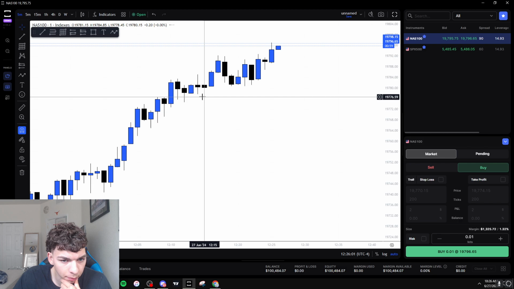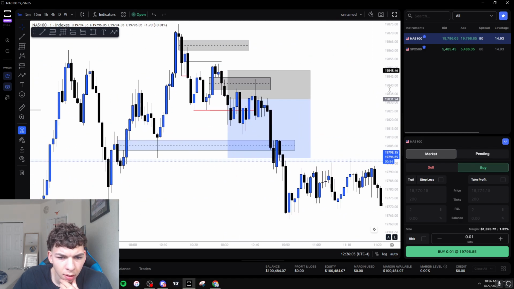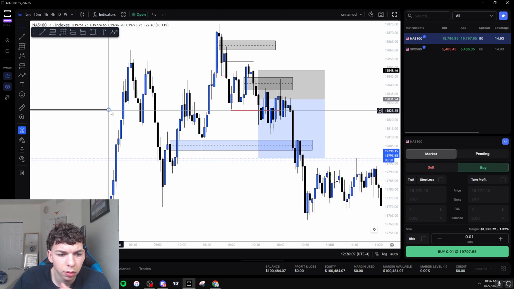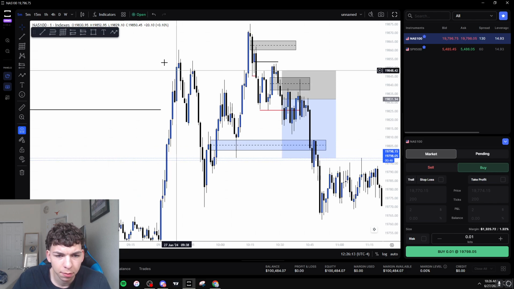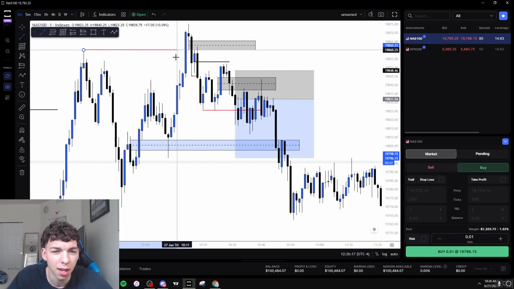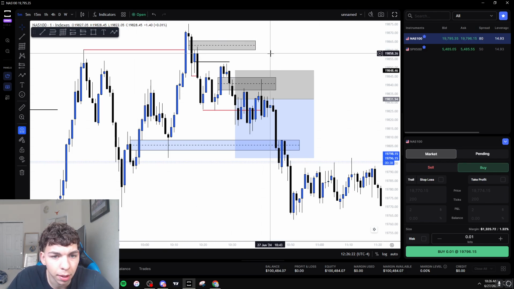Let's go to the 1-minute. Okay. So right here, we sweep liquidity, we come down, and we rally back up, sweeping more liquidity, right? So we got our high time frame liquidity sweep. Boom. Now we get a low time frame liquidity sweep, so that's even better.